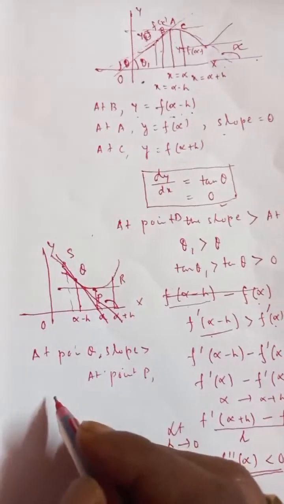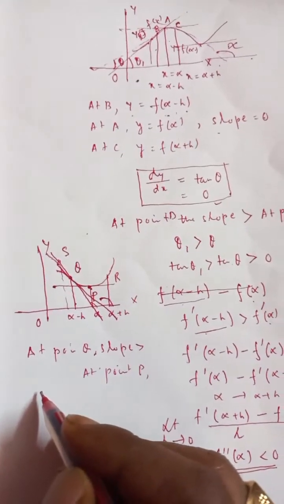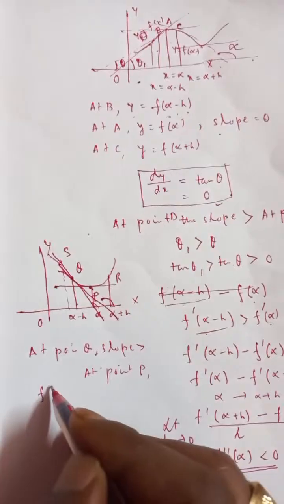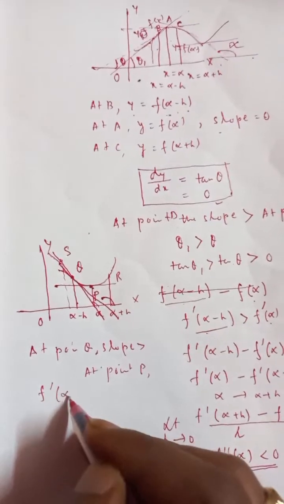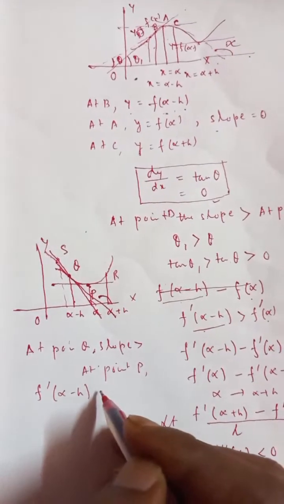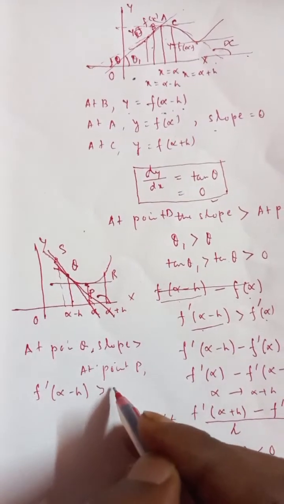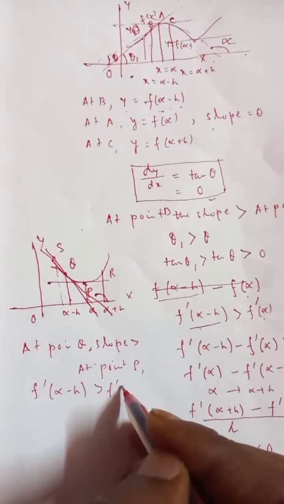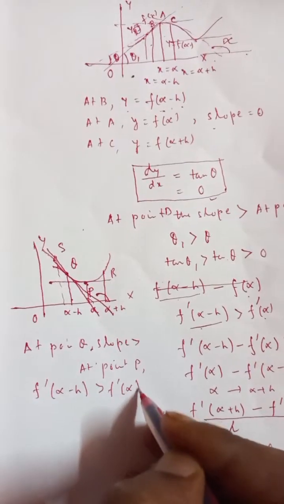So here, the first derivative of f at alpha minus h is greater than the first derivative of f at the point alpha.